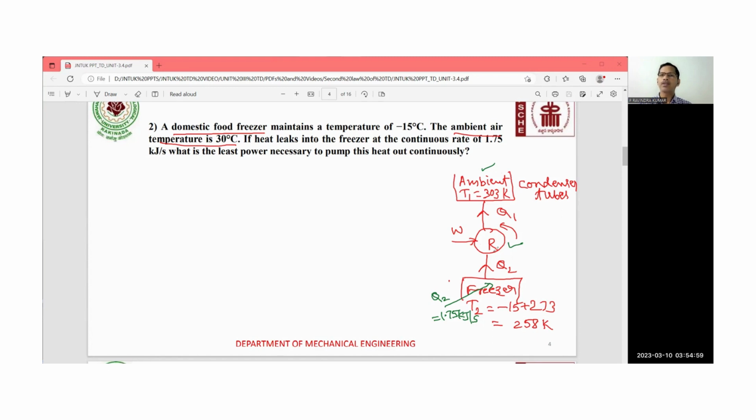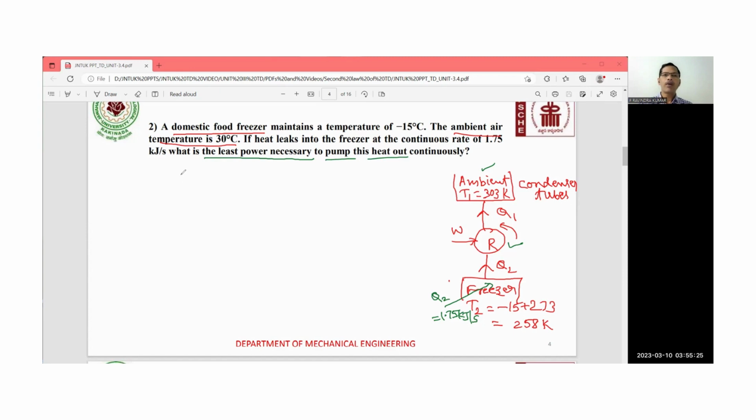It is not possible by itself, so you need to do some work on the refrigerator so that it removes heat from the lower temperature to the high temperature. So what is the least power necessary to pump this out continuously?